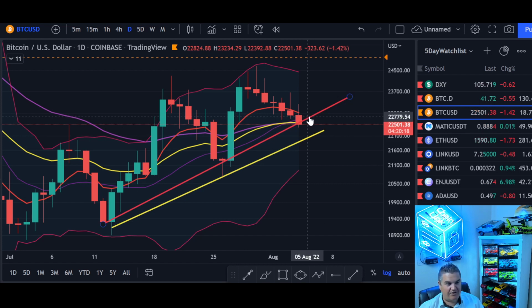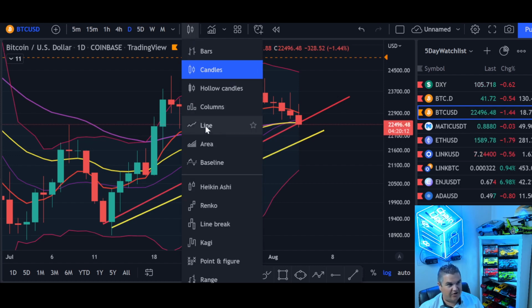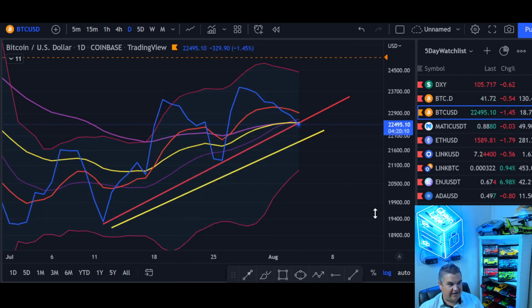And if you need more of an illustration on why that makes more sense, then I invite you to take your candles and put it on a line chart. And now you see exactly why drawing at the closing candles, and not just through the bottom of the green candles, which usually go just below the reds, makes more sense. So a line chart like this will only update on the closes.